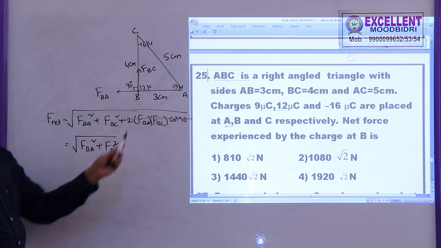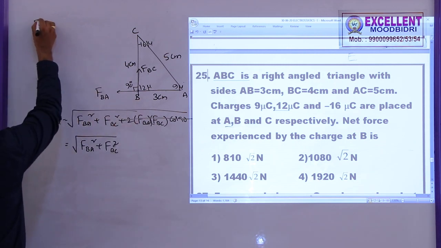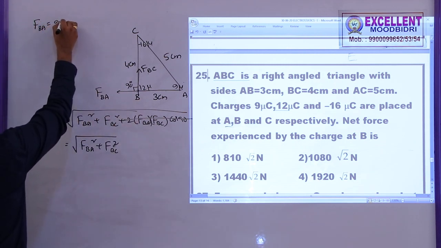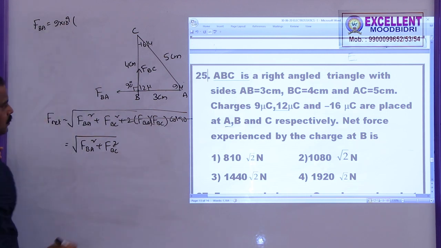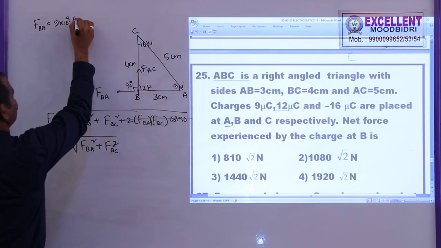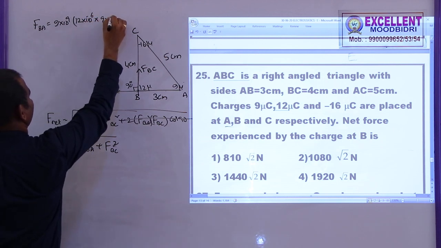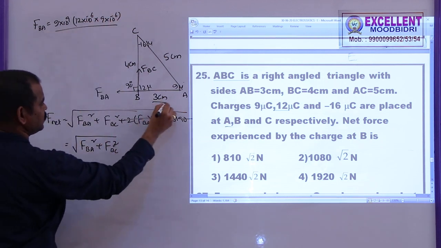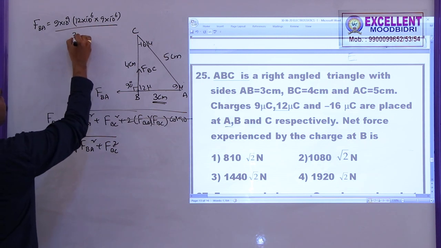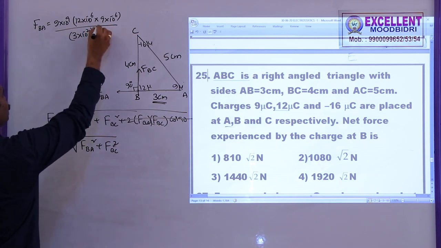So what is FBA, FBC? Let me find out. FBA is given by 9 into 10 power 9 and the charges are 12 microcoulomb and 9 microcoulomb, by the distance, which is 3 centimeters, so 3 into 10 power minus 2 whole square.